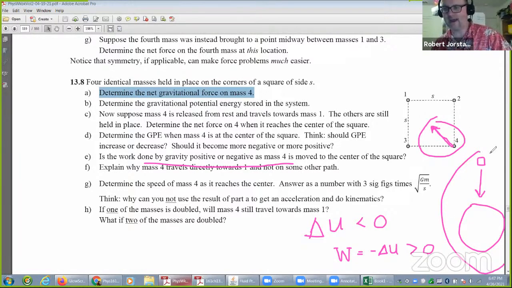When you fall down, gravity does positive work. Your change in potential energy is negative. It's the same thing. When masses come together, they lose gravitational energy, or it becomes more negative, and you gain kinetic energy. All right.